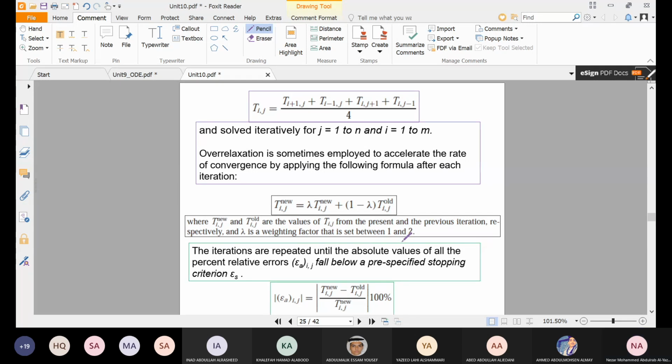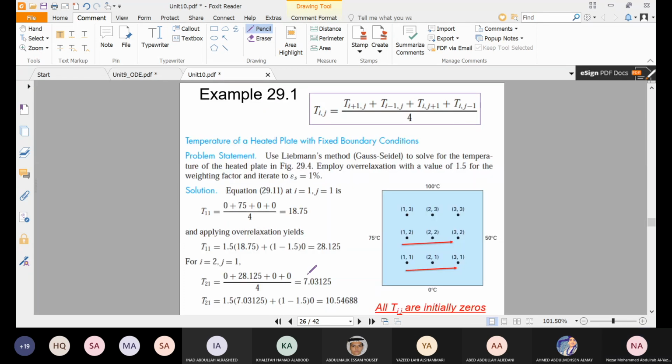We usually stop when the approximate percentage relative error falls below a predefined value. So this is the method.